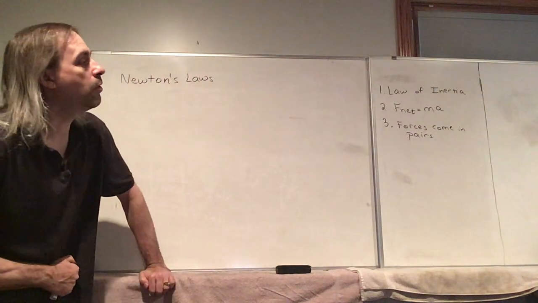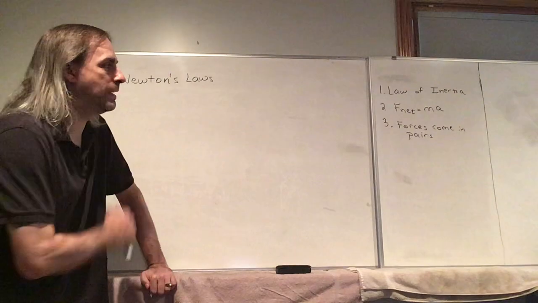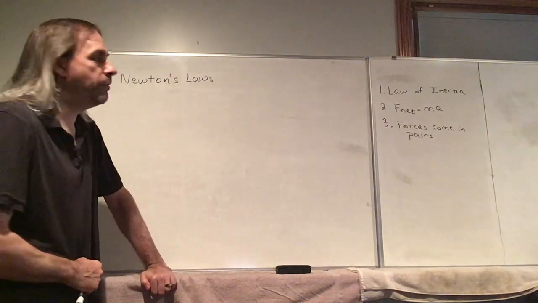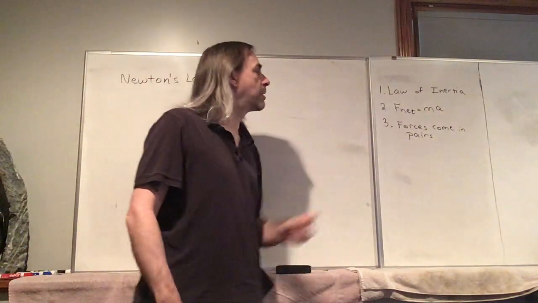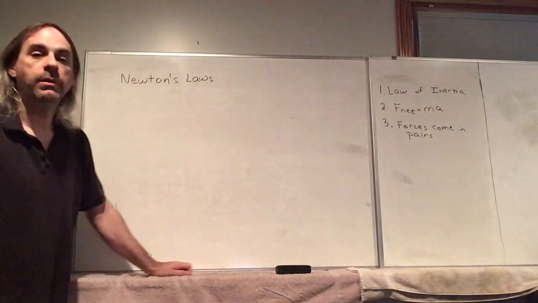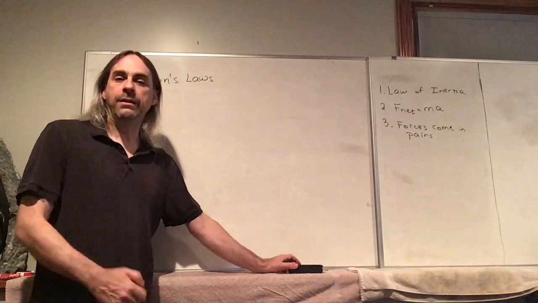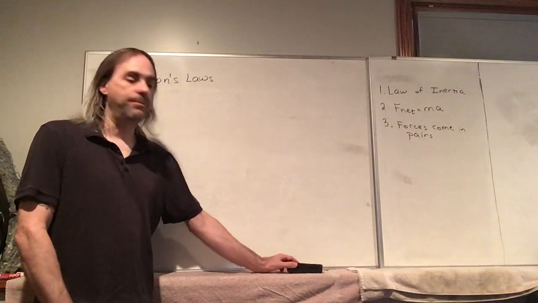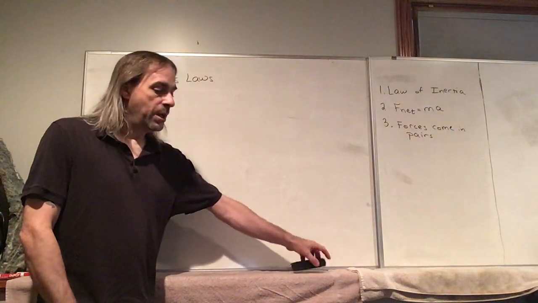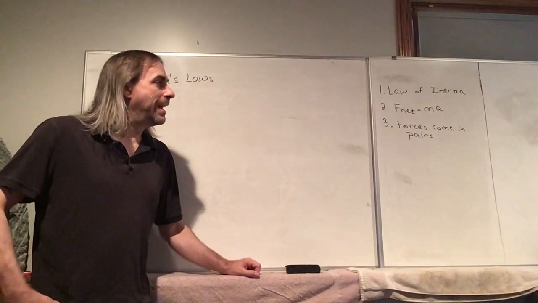Okay, so we're going to start out with the law of inertia. Now, this law was actually discovered by Galileo, who was around before Newton. They say Galileo died the same year that Newton was born, but Galileo came up with this idea of inertia.